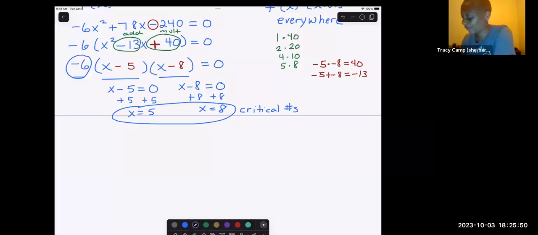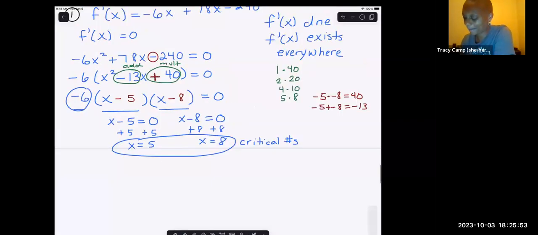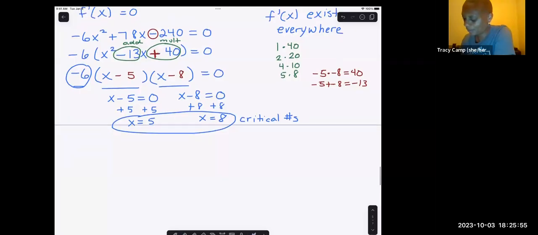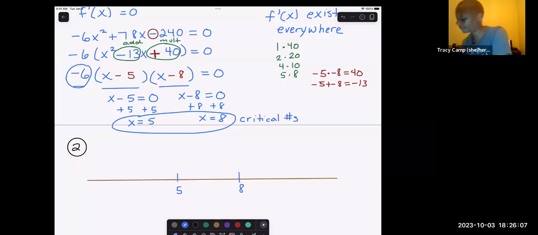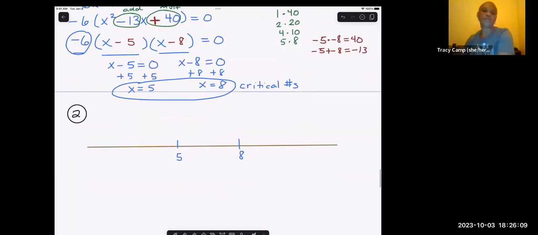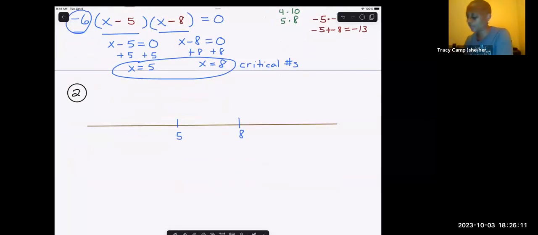Once we've done that, what I like to do is make a number line, and put my critical numbers on it in the order that they would appear. That breaks the number line up into intervals so that you can then pick test numbers in each interval.